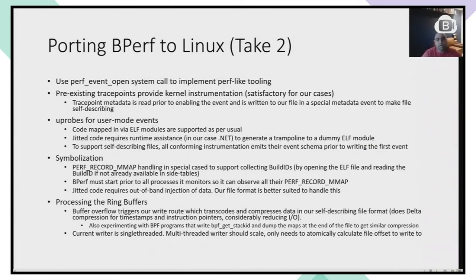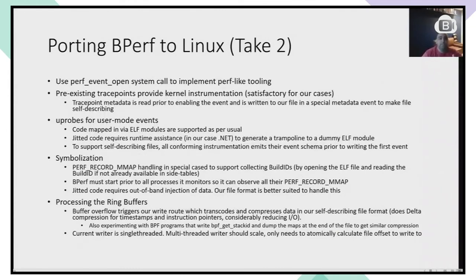Our uprobes for user mode events are also something that we wanted to leverage. And this is actually for most of the user mode instrumentation, whether it's different frameworks or our own application information. Code that's in ELF modules is supported as per usual. But JIT code requires runtime assistance, in our case, .NET.